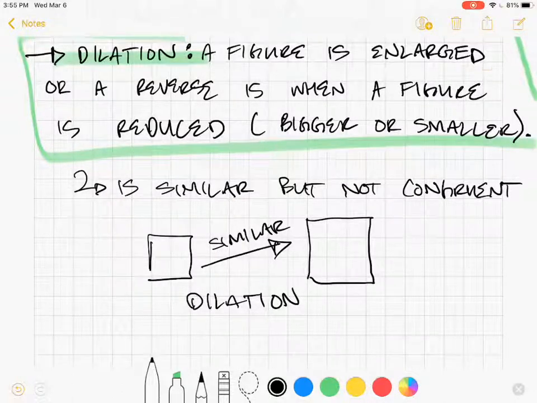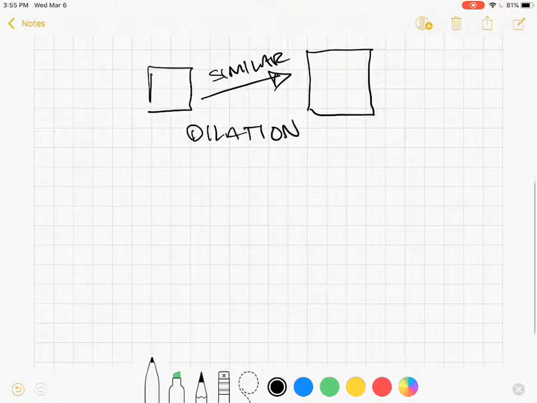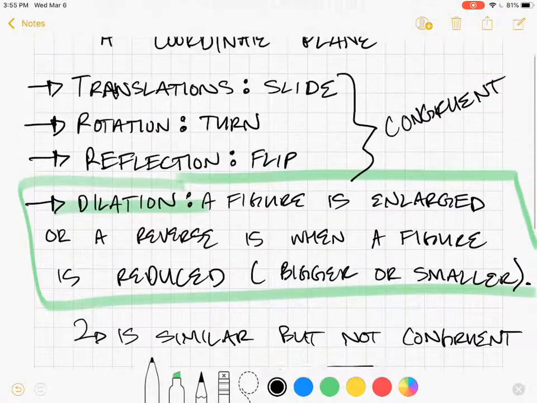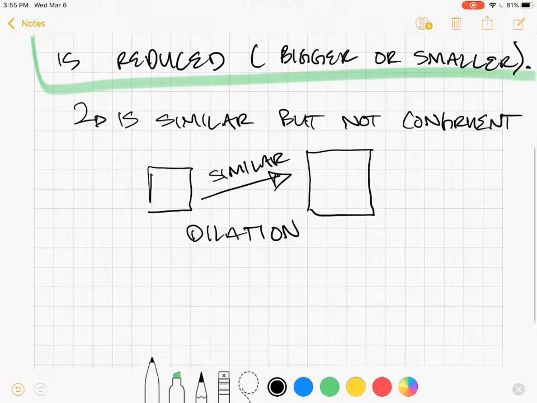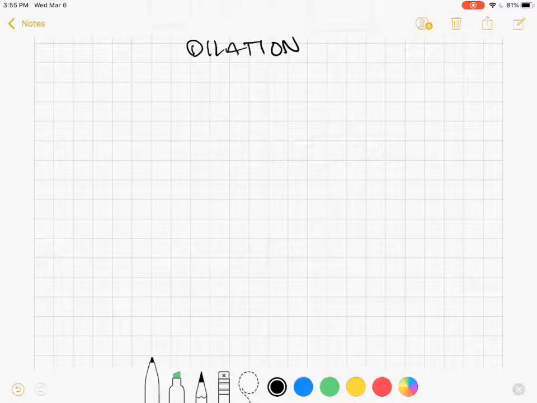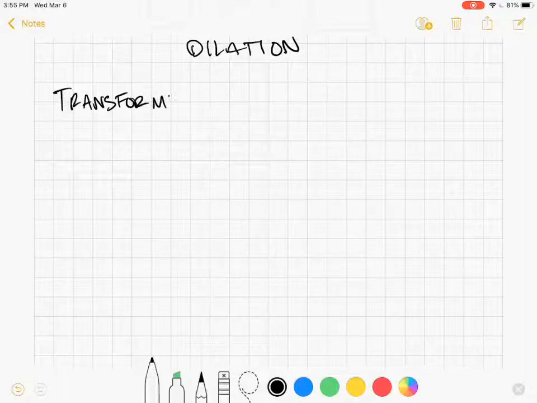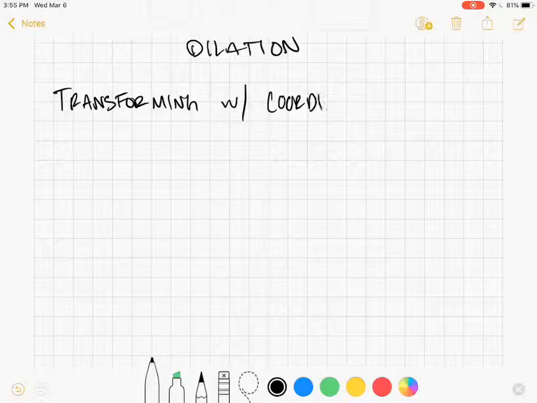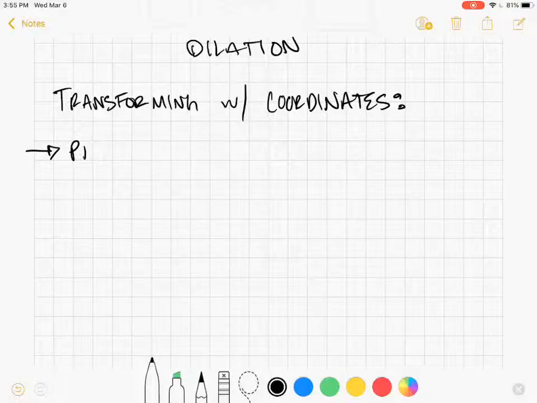Good. Okay, so now there's some terms you need to know, and if you need to go back and pause some of this to copy down these notes, that's okay. There's some terms you need to know for making transformations on a coordinate plane. So, transforming with coordinates. The first thing you need to know is what I'm referring to when I say pre-image.